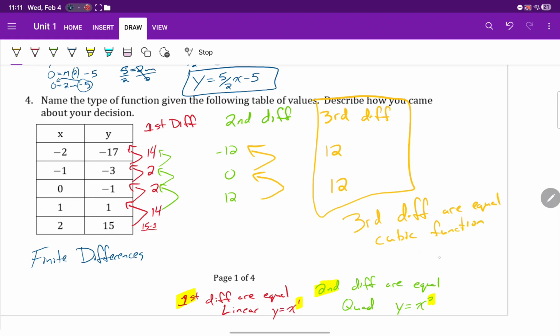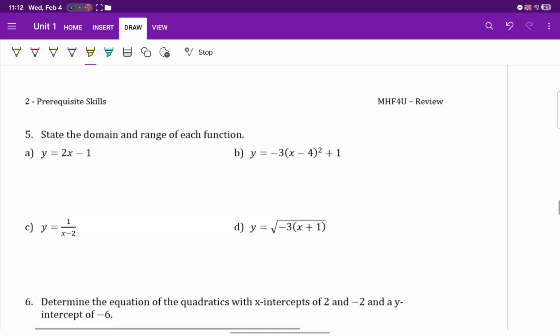A cubic function is something like y equals x to the power of 3. Again, my exponent matches my third differences. So if you wrote neither, perfectly acceptable, totally fine. But we are going to get into higher degree functions in this course.